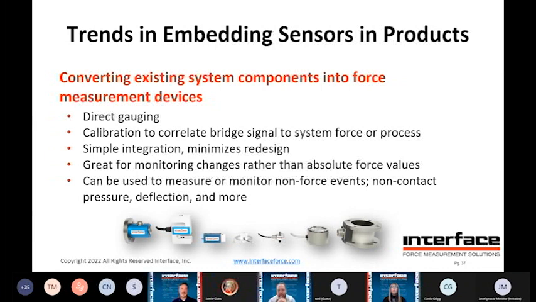Great for monitoring changes rather than absolute force values. Once again, not necessarily using that calibrated output, but utilizing that force feedback to sense different types of situations. They can also be used to measure and monitor non-force events, non-contact, pressure, deflection, and more. Next.